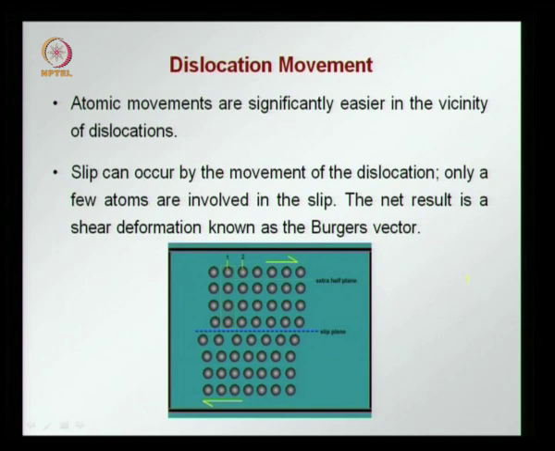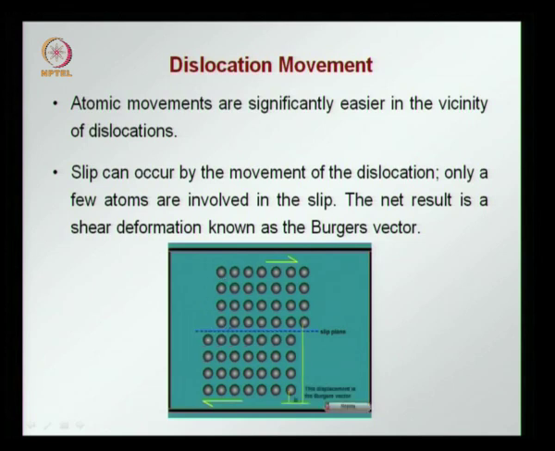Now, another type of movement is dislocation movement, where we have the defects moving within the system. You see here in the bottom animation that there is a dislocation movement which ends with slip occurring along this line, and an ultimate displacement in the system which is called the Burgers vector. There was a dislocation here which moved across and ended up with this sort of a permanent deformation equivalent to the Burgers vector.